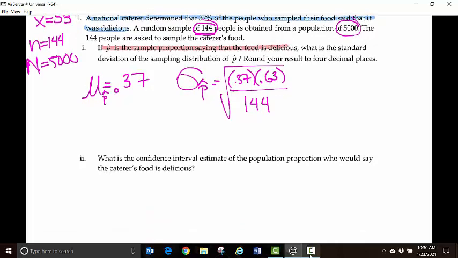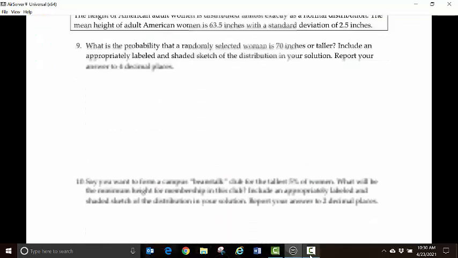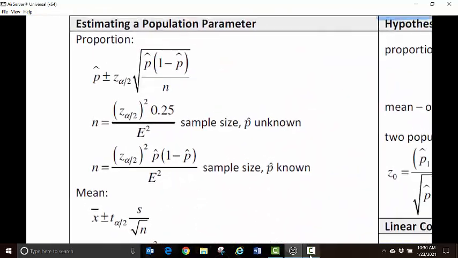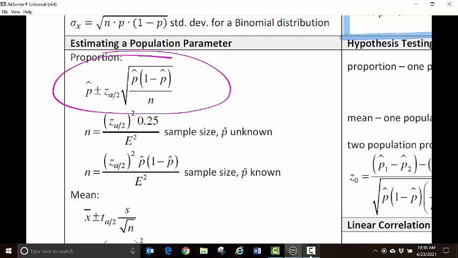Okay, and now it wants the confidence interval. So you should know how to use the formula. If you look right here, here's the box for confidence intervals. It would be this confidence interval right here, that formula.